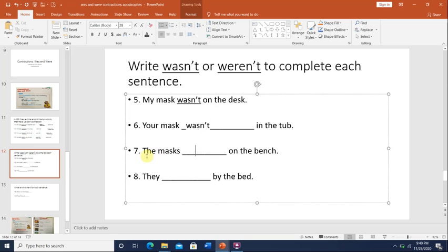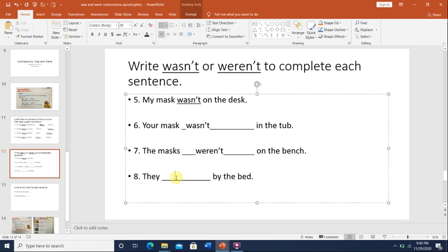Number 7. The mask wasn't or weren't on the bench. Let's look at the word, the mask. It has an S. That shows that it's plural, more than one. So we will use weren't. The mask weren't on the bench. Number 8, they.